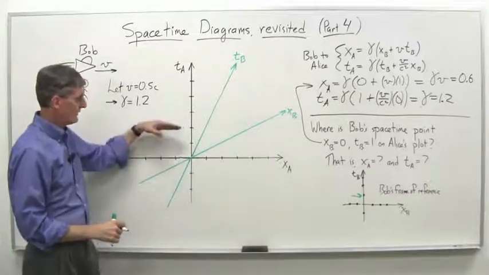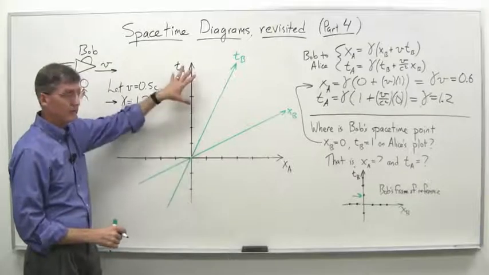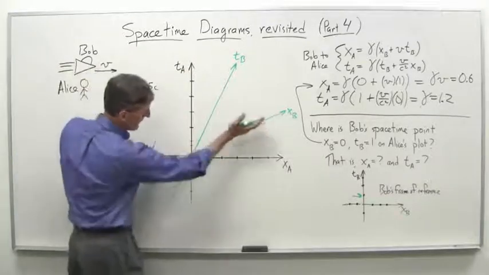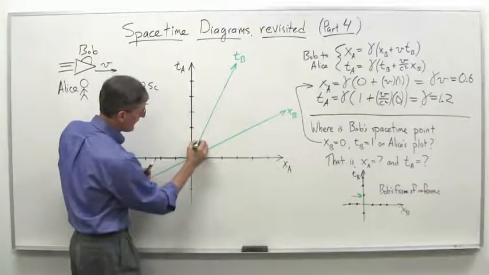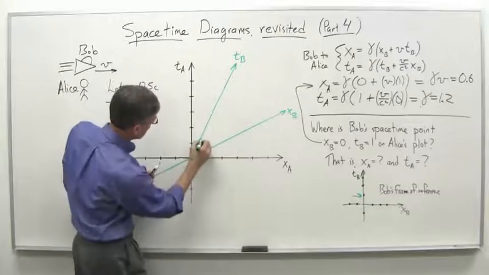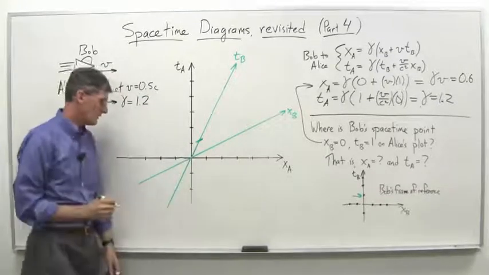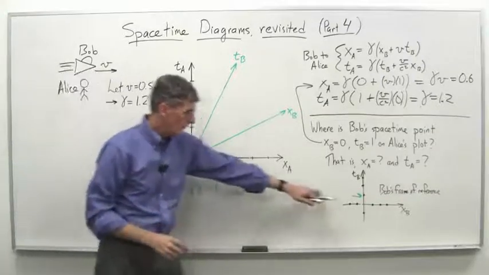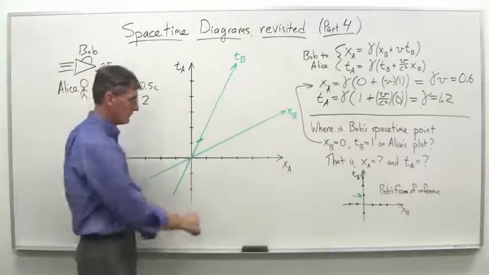And they need to be parallel to the x sub a axis in this case. So tick marks on the time axis need to be parallel to the x sub b axis. So here's the x sub b axis. Tick mark location, according to our results, is that. I don't know if I've got that quite right, but something like that. We'll draw it big there. Okay? So that point right there appears right there, sort of in that blob there.